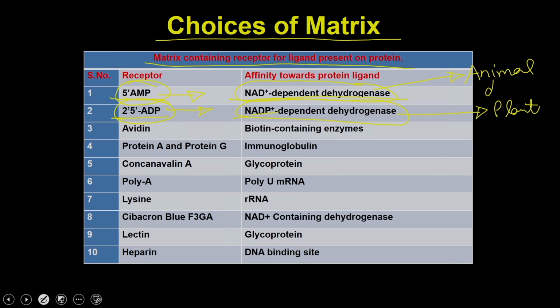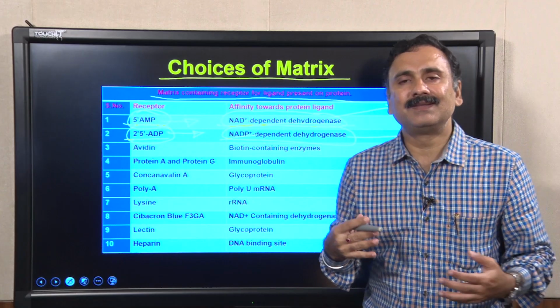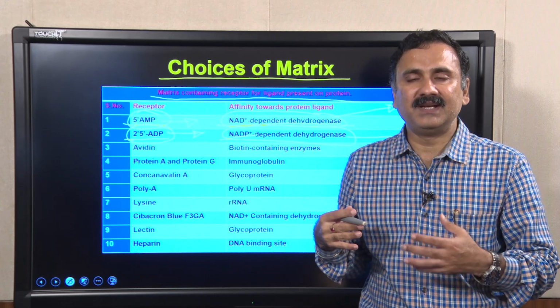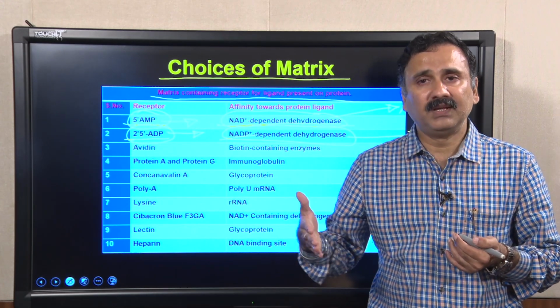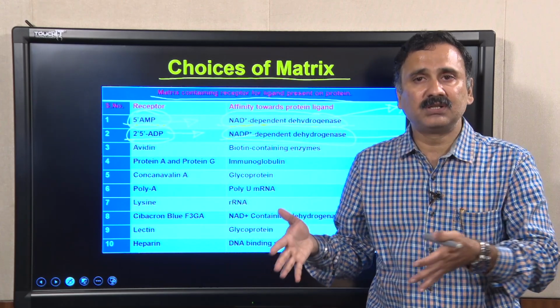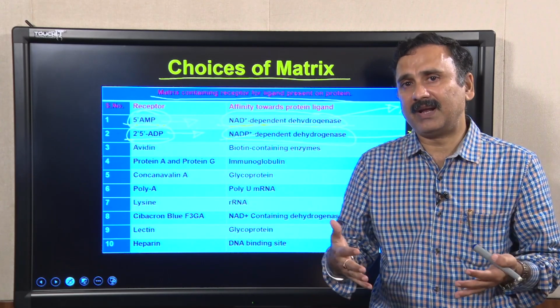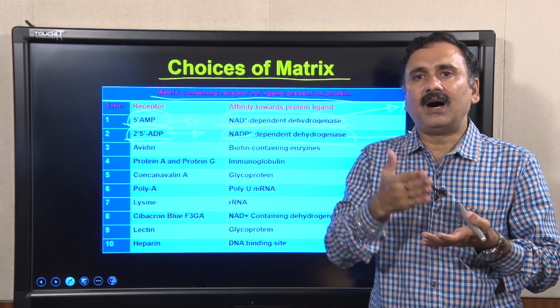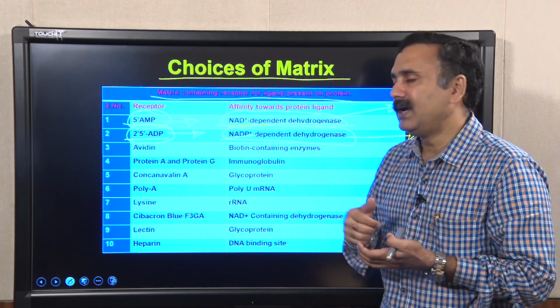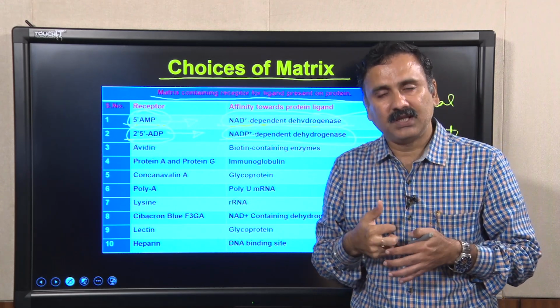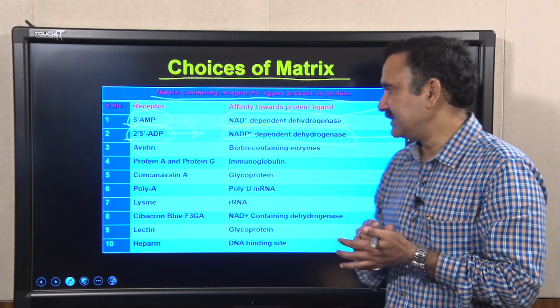If you recall, plants contain the NAD plus based dehydrogenases, which participate in photosynthesis and other reactions happening within the chloroplast. Animals mostly contain the dehydrogenases which are NADH dependent or NAD plus dependent.